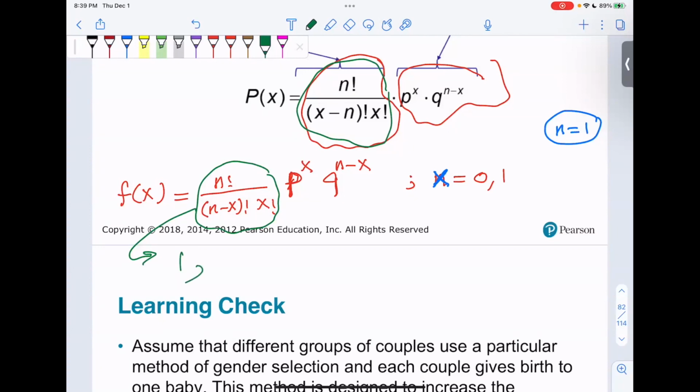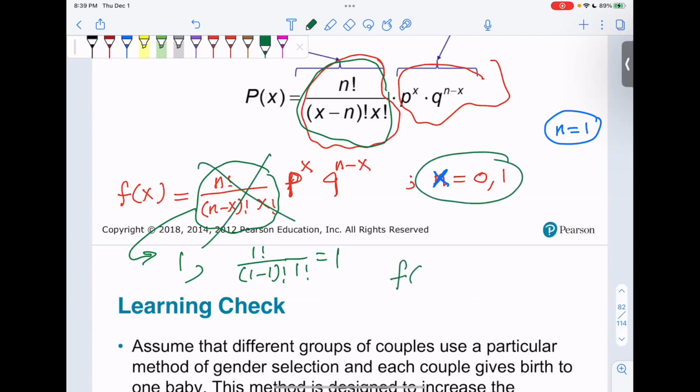What about if we put x equal to 1? It will be 1 factorial, 1 minus 1 factorial, and then we have 1 factorial. This one will equal 1. So now if we have x equal to 0 and 1, we don't need this part anymore.